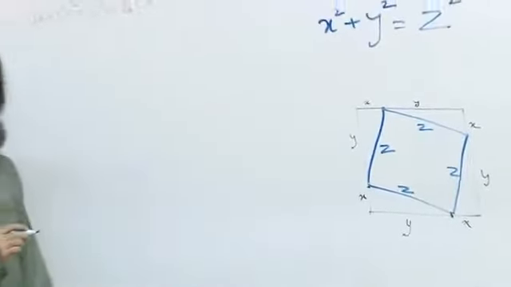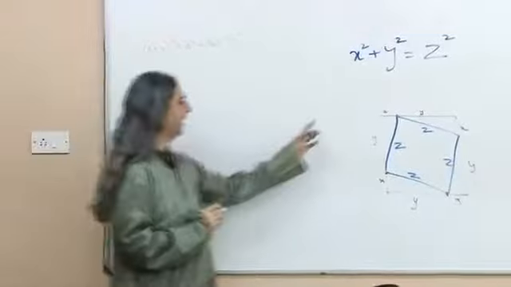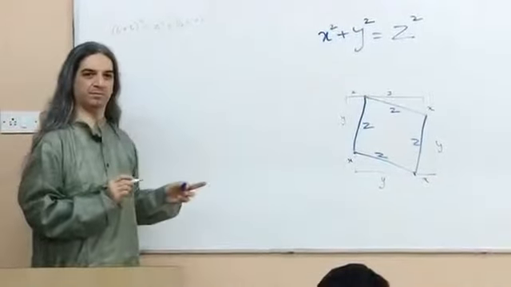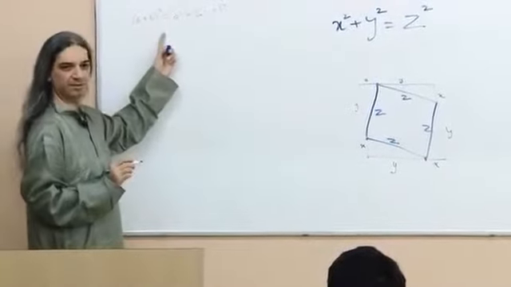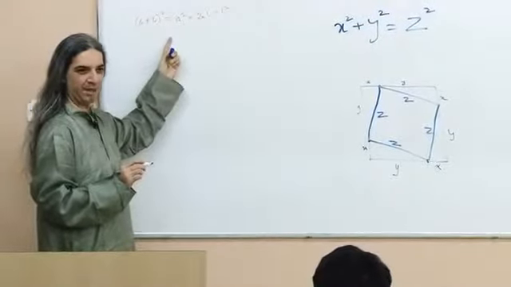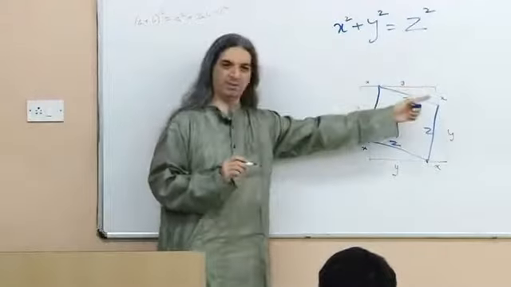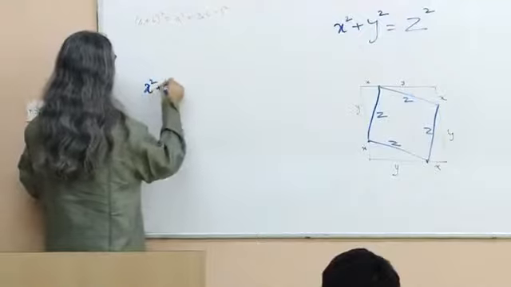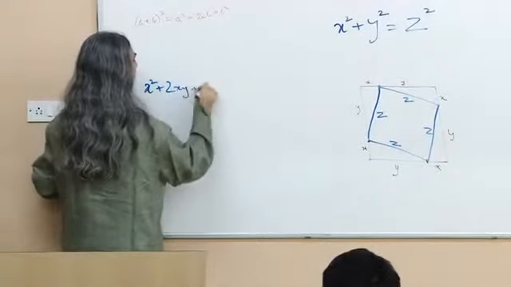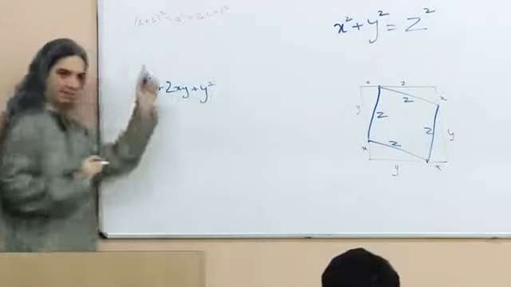Now this is Z. Okay. So what is the area of this square? X plus y the whole squared is from here. Yeah. So the area of the square x plus y is x plus y the whole squared, which is x squared plus 2xy plus y squared from this result.